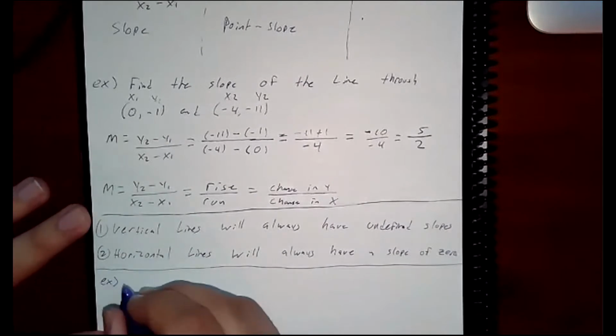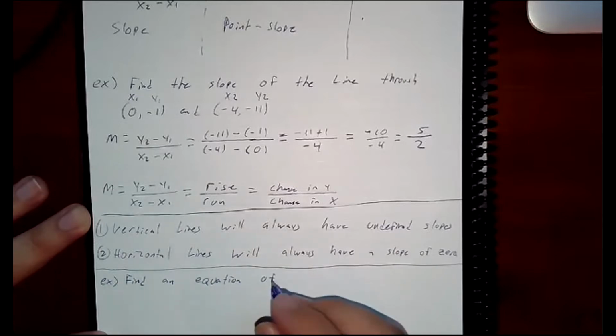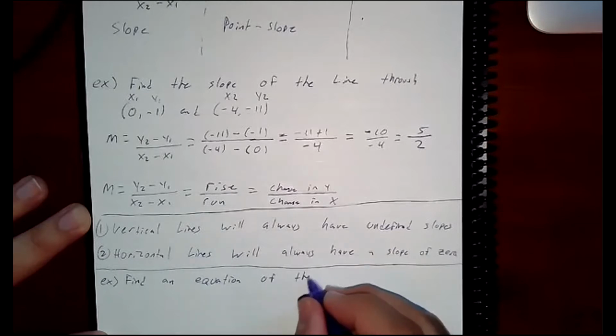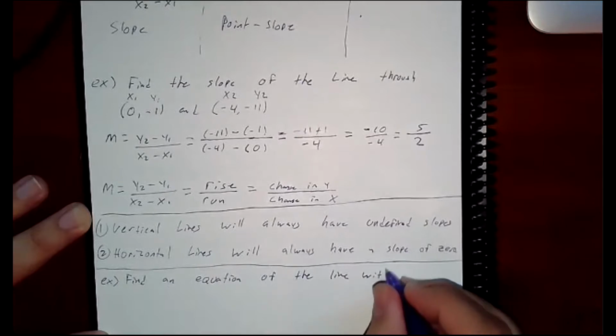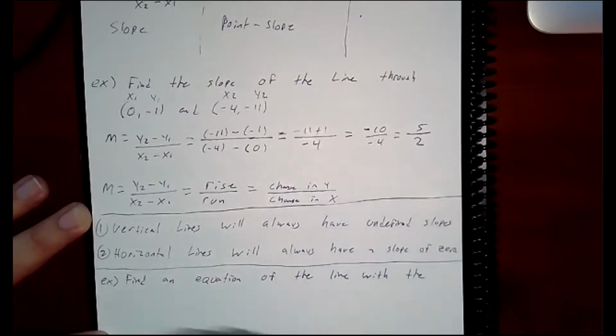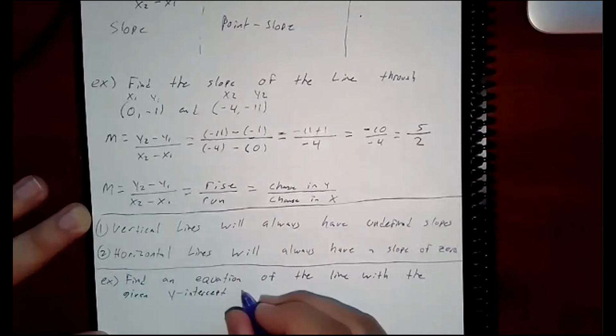Right, let's do something else. Find an equation of the line with the given y-intercept and slope m.